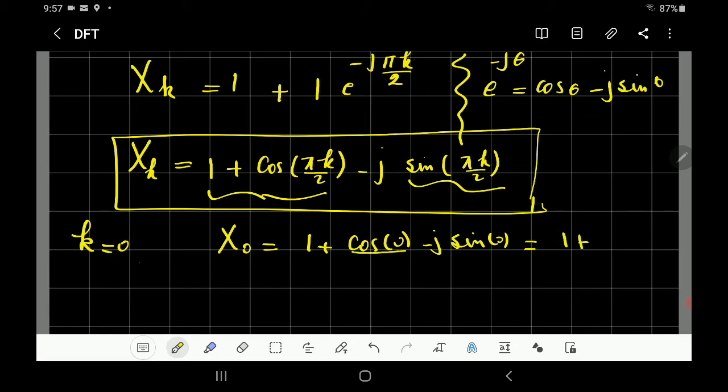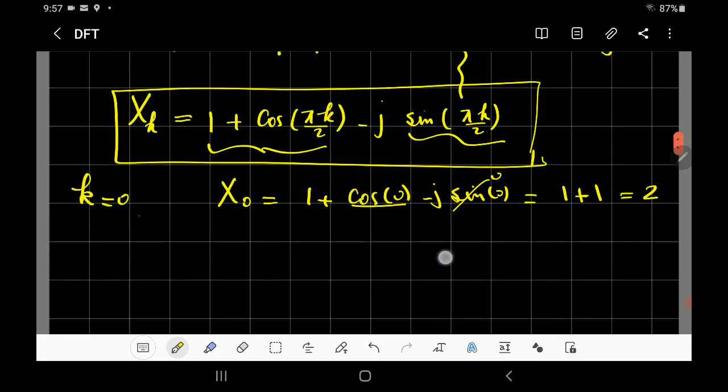Cosine 0 is equal to 1, sine 0 is equal to 0. So the result is 2. The second value is when k is equal to 1. So x1 is equal to 1 plus cosine pi over 2, I substitute k equal 1, minus j sine pi over 2.